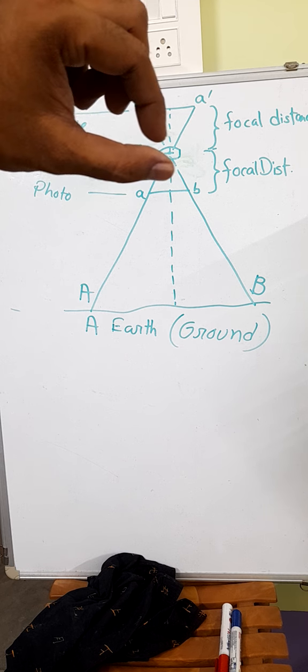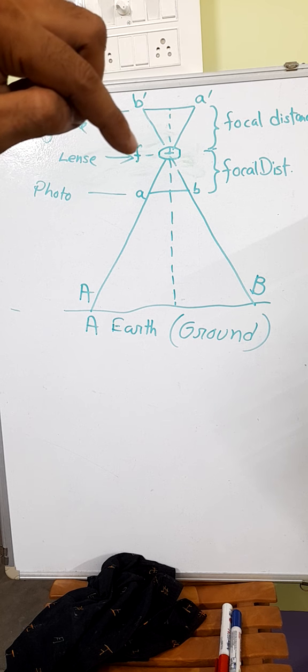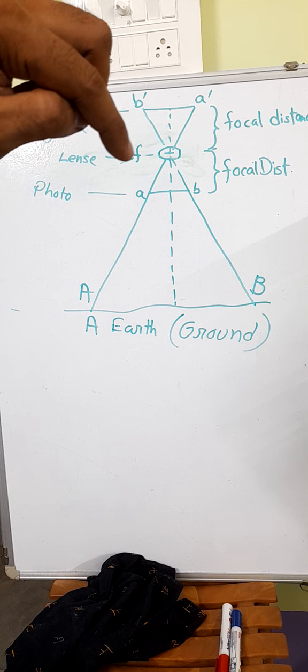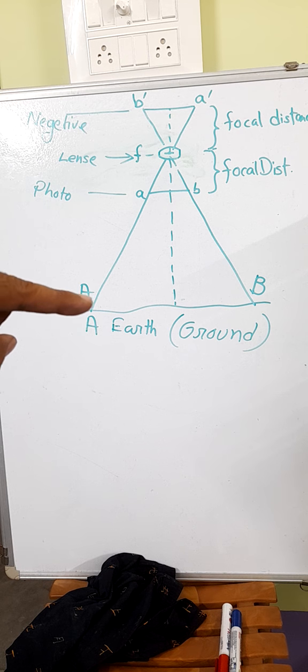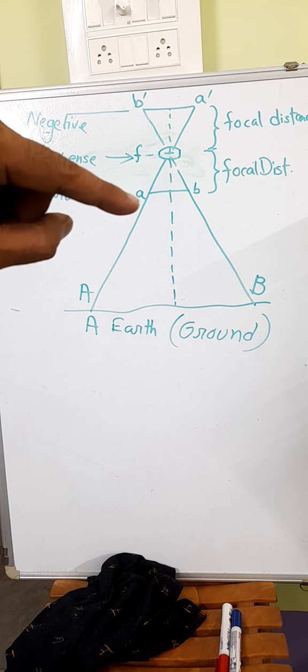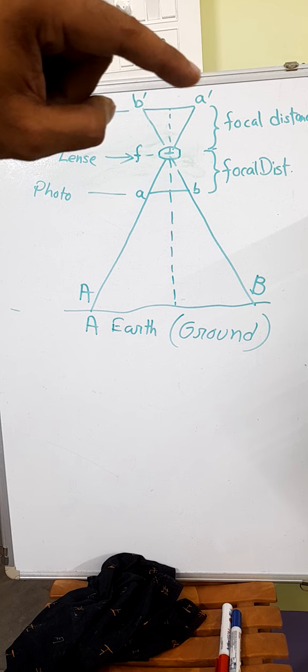The middlemost point of the lens is known as the focal point, usually denoted as F. Here, any point A on the ground will be represented by small a on the photograph, and that same point will be represented as a dash on the negative.